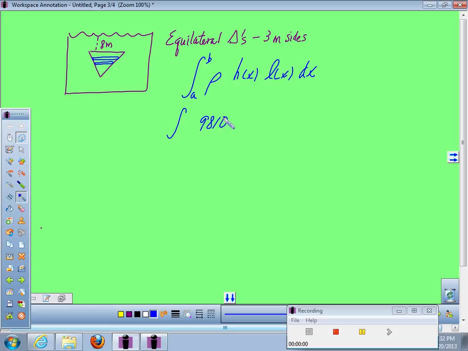The depth of the rectangle. X is the distance down to the rectangle. And so yes, this would be X plus 8 then. Then the fun part. How long are the rectangles? Are they a constant?